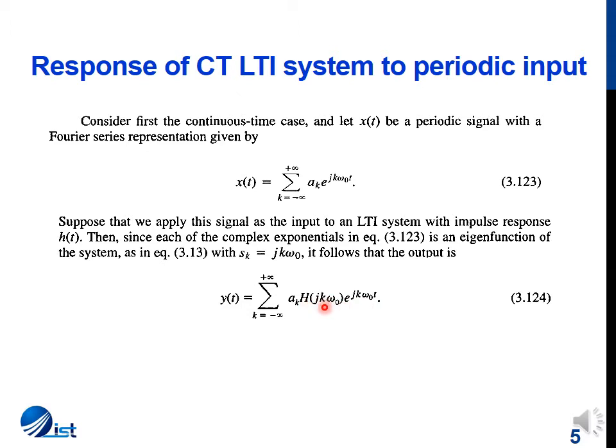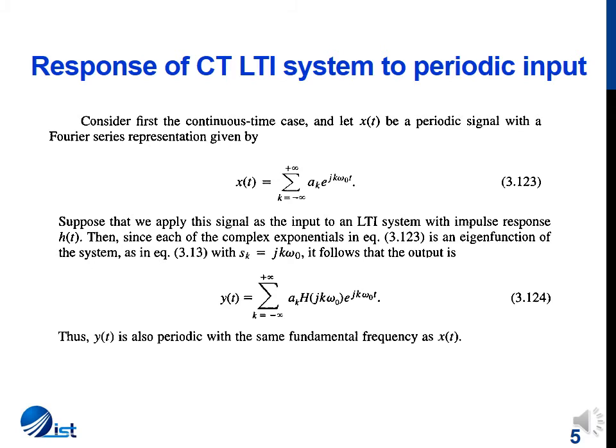For example, for k equal to 1, this complex exponential will have j omega naught t. Similarly, for k equal to minus 2, this will be a_(-2) H(minus j 2 omega naught) times e raised to the power minus j 2 omega naught t. So y(t) is going to be the same sum, but each term is now multiplied by H(jk omega naught).